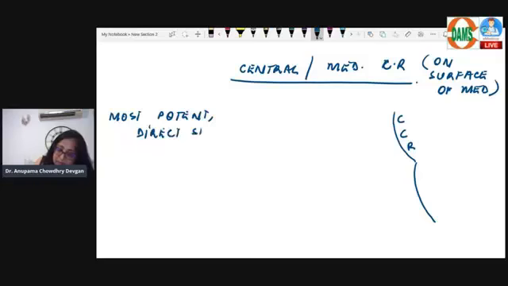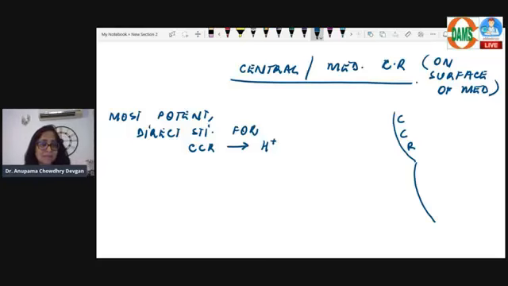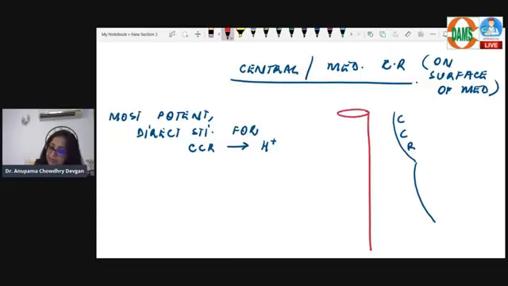Now, the most potent direct stimulus for the central chemoreceptors is H+. But a very important point here: if there is increase in H+ in the blood, this H+ cannot cross what is known as the blood-brain barrier.